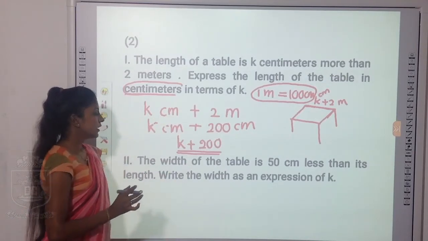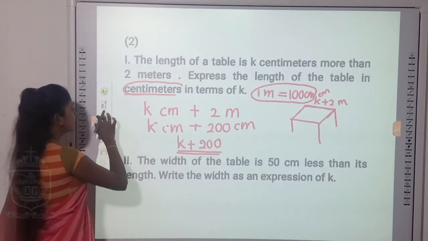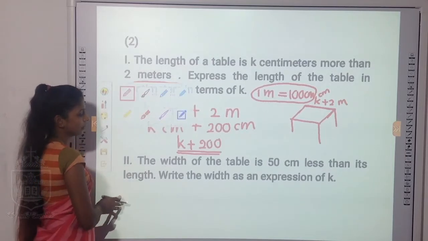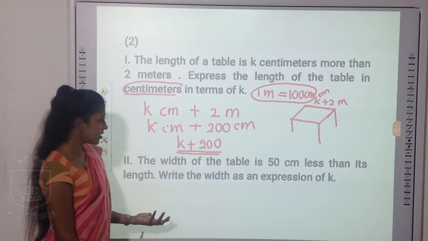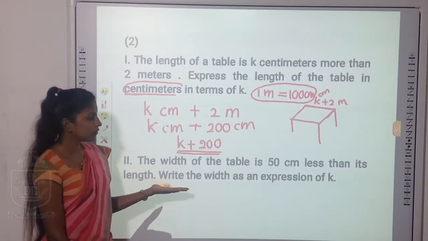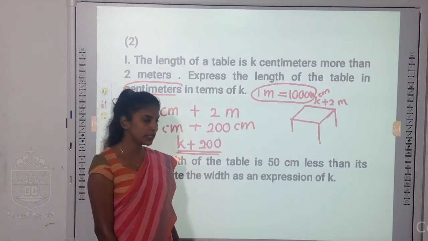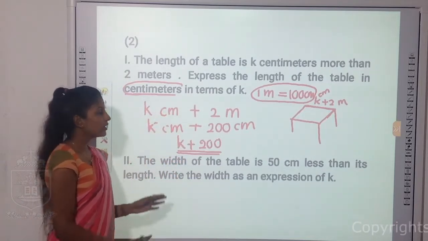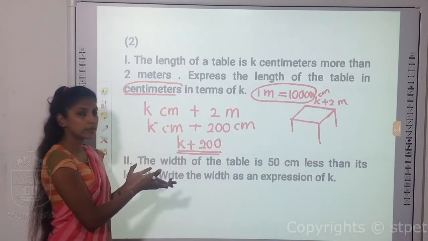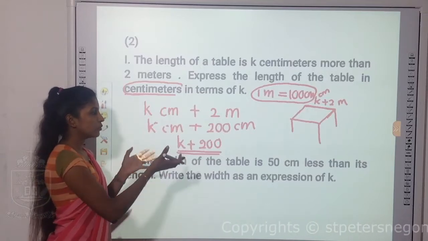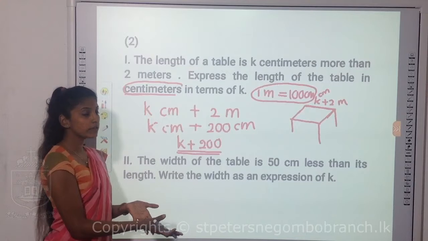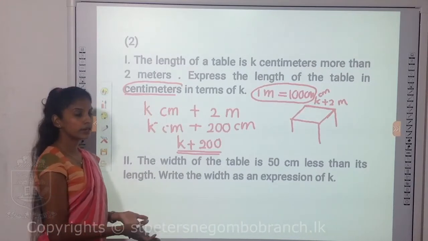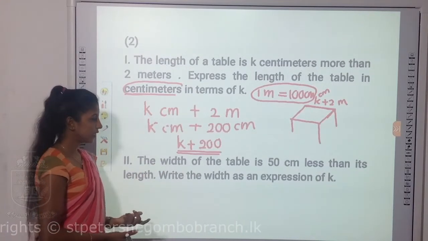Right, part 2, there you have to express the width of the table in terms of k. Here they have given that the width of the table is 50 centimeters less than its length. Now we have already built up an expression for length. So from this expression, you have to subtract 50 in order to find the width of the table.